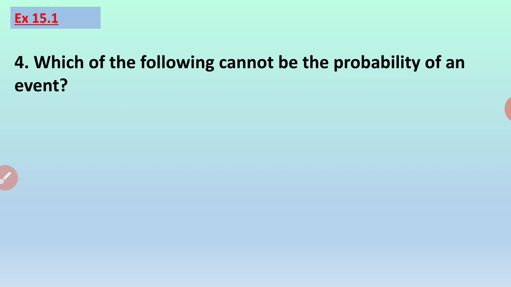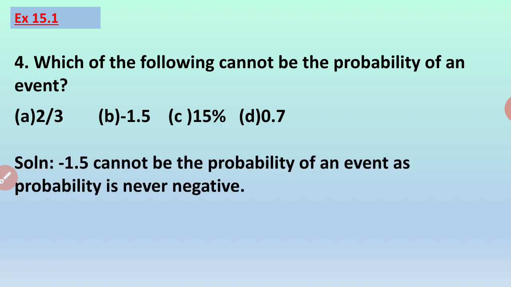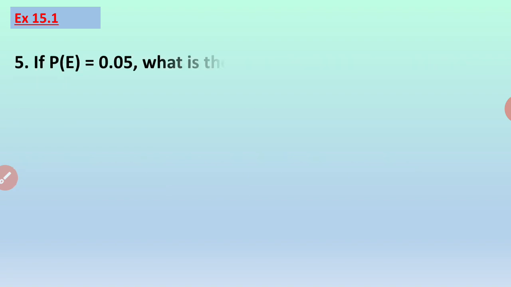Which of the following cannot be the probability of an event? Now, in these, one number is negative, and we have already studied that probability can never be a negative number. So, option B, that is -1/5, will never be an answer. Next question, that is the fifth question.